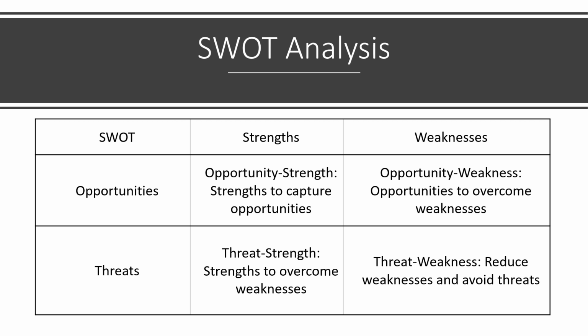Tesla has several opportunities, such as growing demand for electric vehicles, expanding into new markets, and developing new products. However, the company faces several threats, such as increased competition and changing government policies. By leveraging its strengths and opportunities while addressing its weaknesses and threats, Tesla can continue to grow and remain competitive in the electric vehicle market.